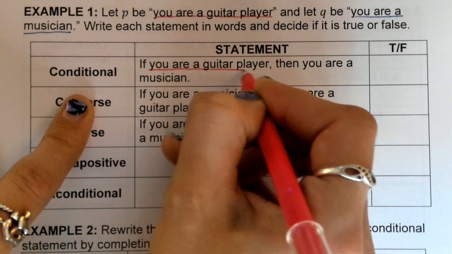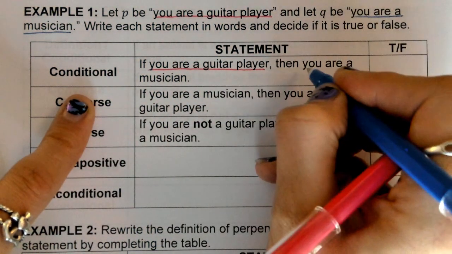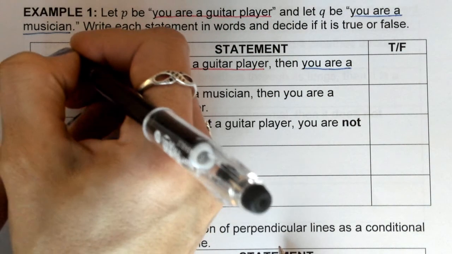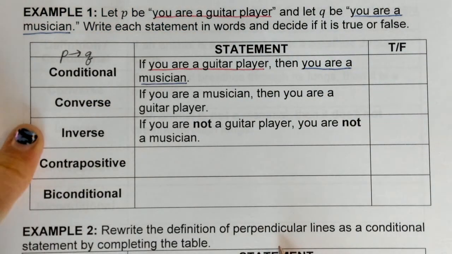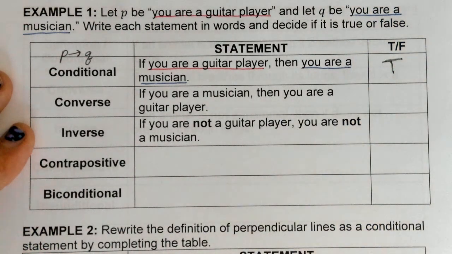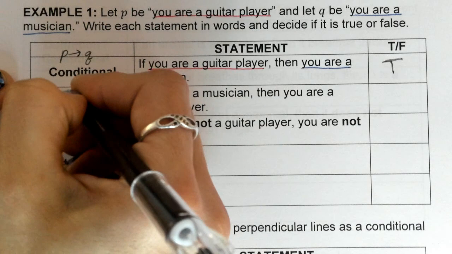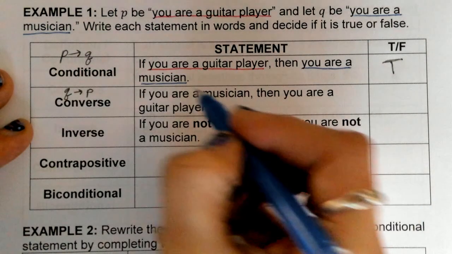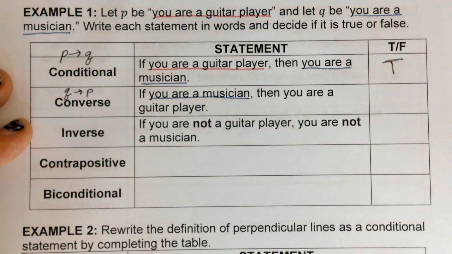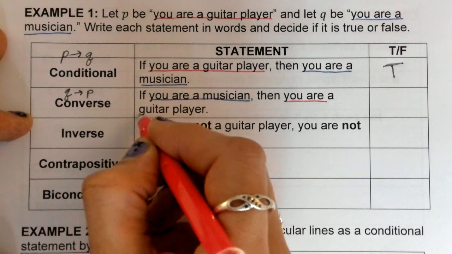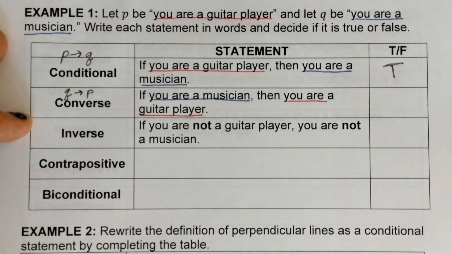Remember that this is if P, then Q, and we noted yesterday that this is a true statement. Our converse, we're switching, if Q, then P. So our conclusion, you are a musician, comes first, and your hypothesis, you are a guitar player, comes second. We noted that this was a false statement.